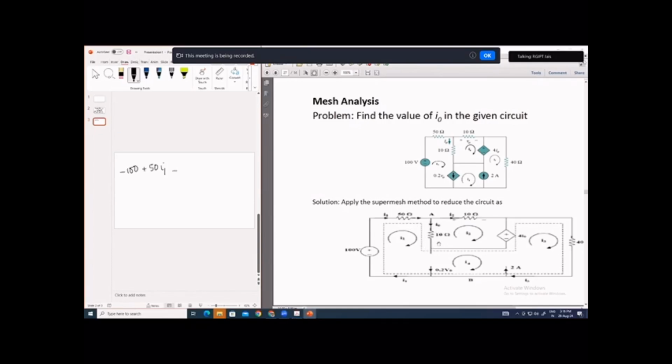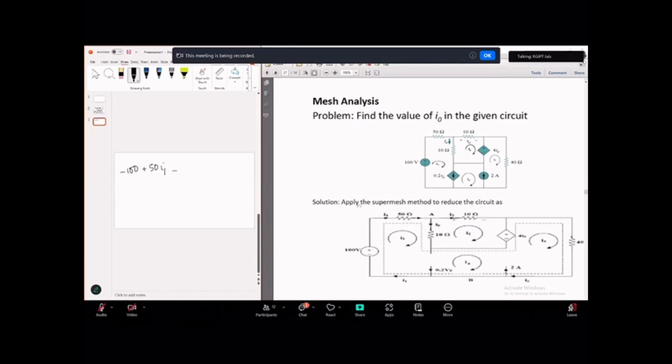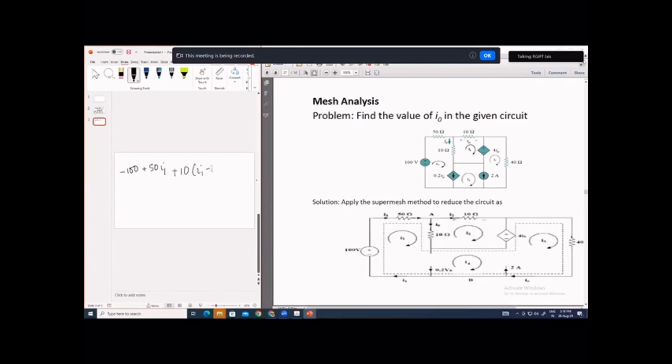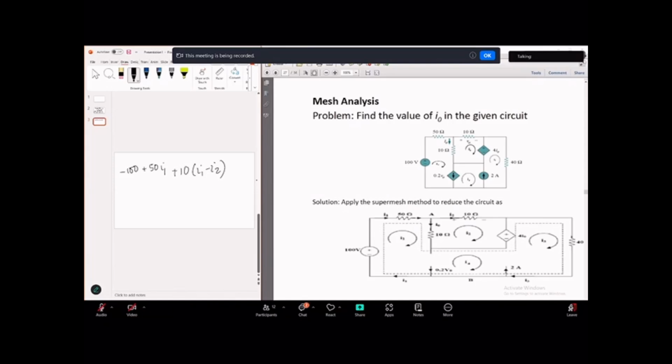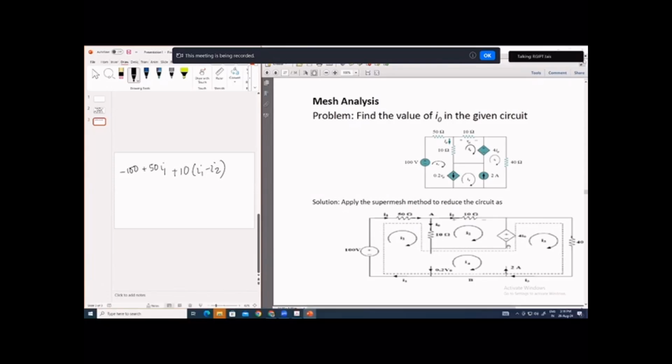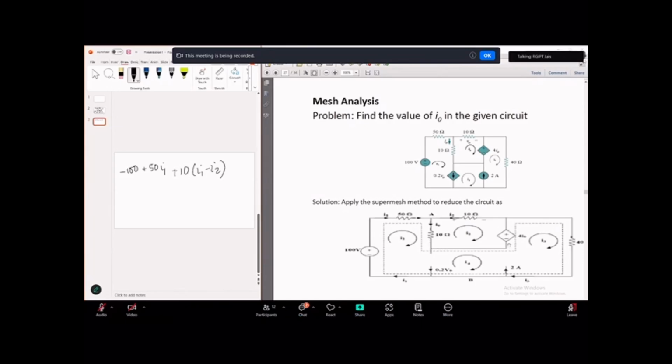Plus sign will be here, and minus sign on this side. So if you move in clockwise direction, it will be plus 10 (I1 minus I2). Next, the next element we will encounter is this voltage source, and you will encounter the minus sign first. So it will be minus 4 I0.